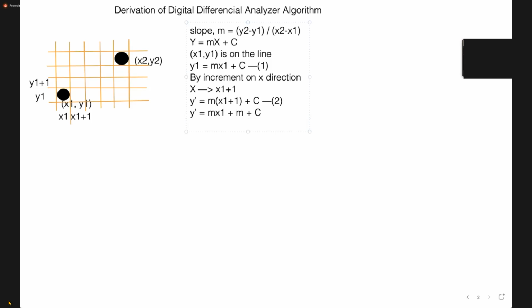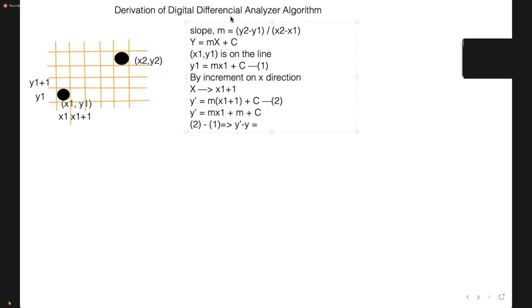Then we can write 2 minus 1, by subtracting the first equation from the second equation, we can derive y dash minus y equals mx1 minus mx1.